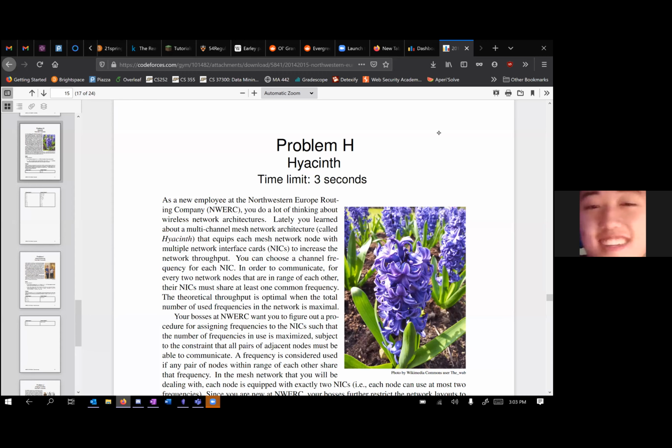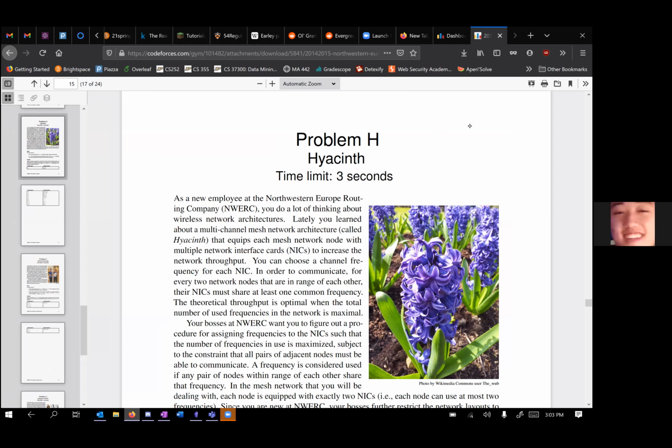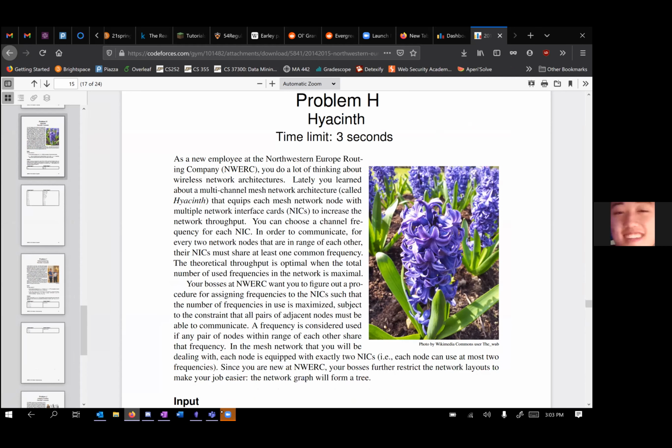Basically, you're given a tree, and each node you can assign two IDs. In order to connect two nodes, you want them to share one of the IDs.